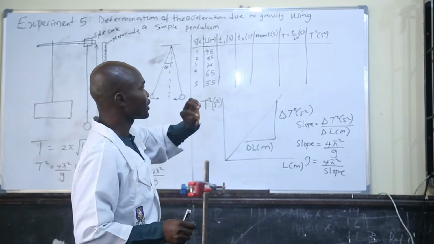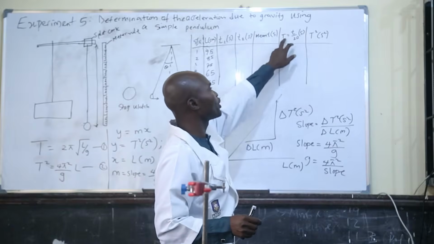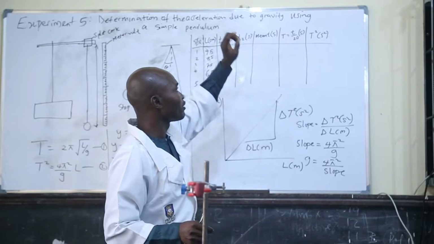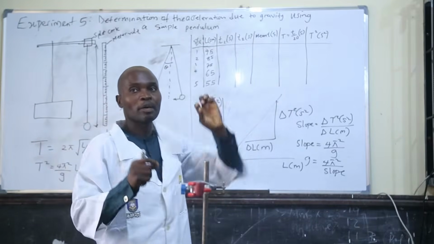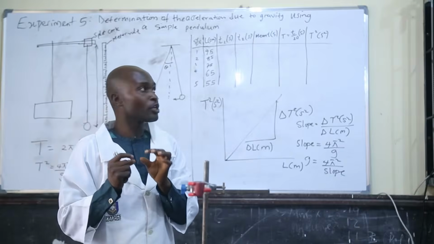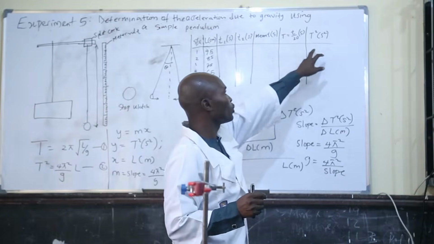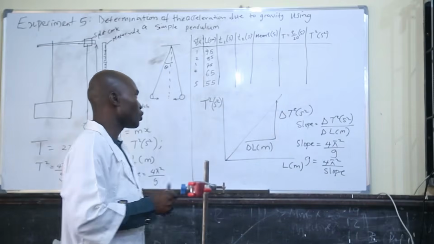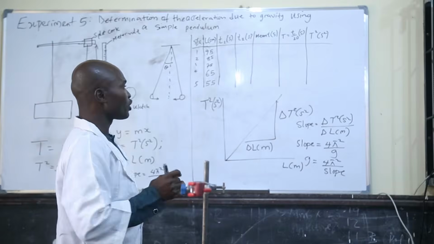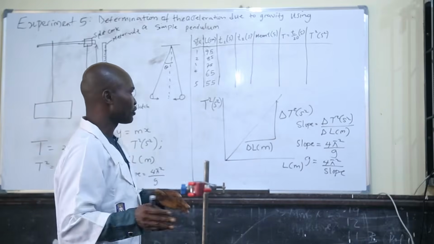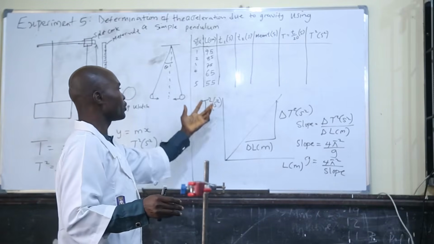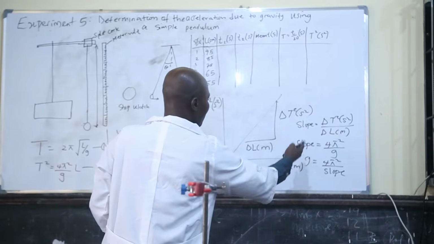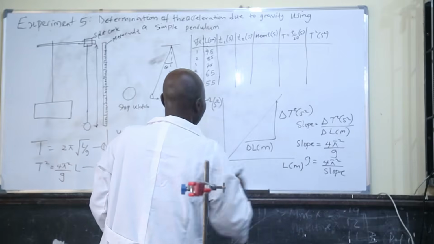After that, you determine the value of your period, which is the value of t divided by the number of complete oscillations. Then you calculate the value of your T squared, which is in seconds squared. After that, you plot your graph. Your T squared is on the y-axis, your length in meter is on the x-axis.